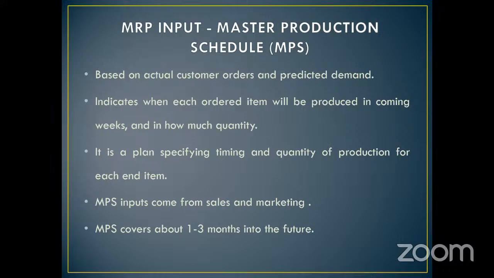It is a plan satisfying the timing and the quantity of production for each end item. The master production schedule inputs come from sales and marketing, and it covers about 1 to 3 months into the future. We plan for the future because last-minute demand would be very costly. So we have to take into account a certain time period for rescheduling the entire process.